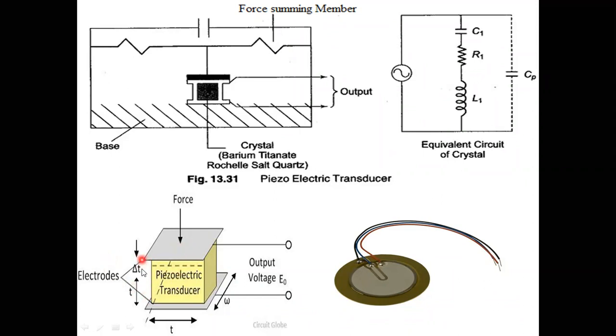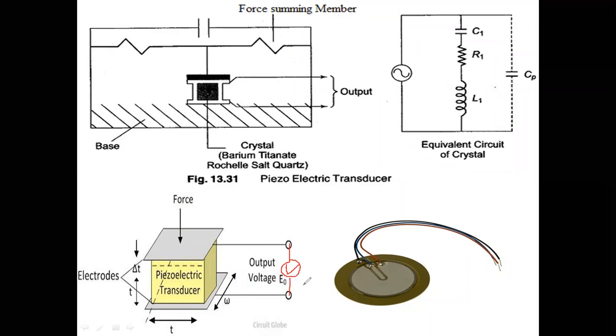The thickness and width are all given here. Some force is given upon this piezoelectric crystal, then I am going to acquire the output voltage here. From this simple diagram I can acquire the voltage. I can place some voltmeter here and acquire the voltage like this.